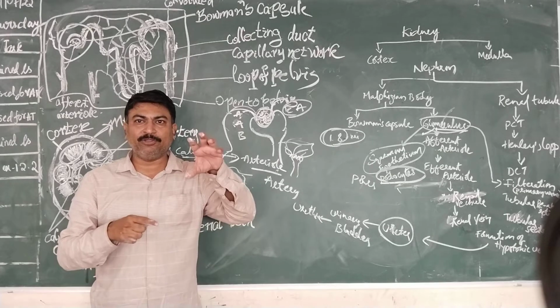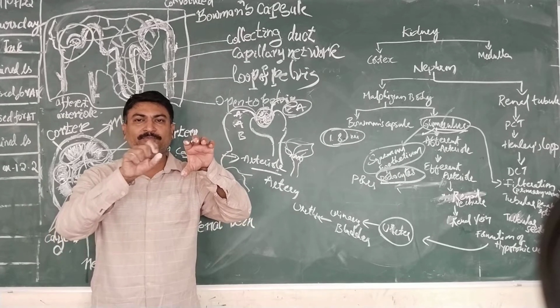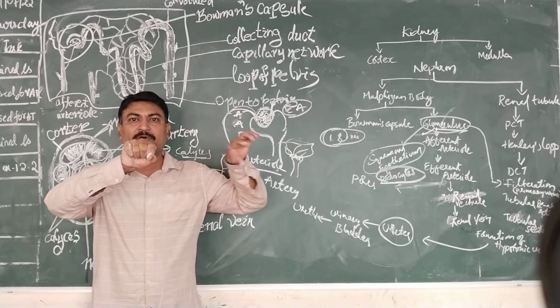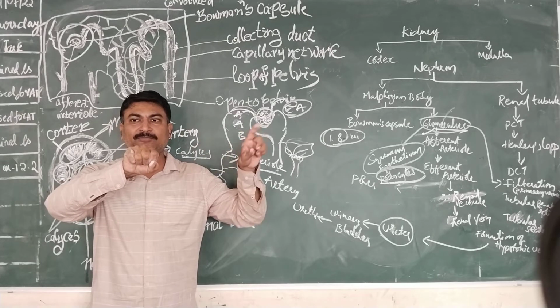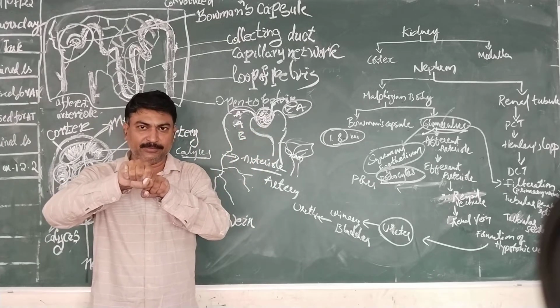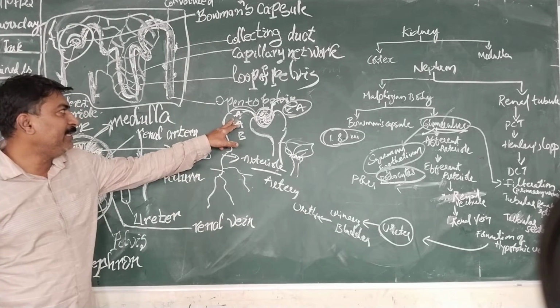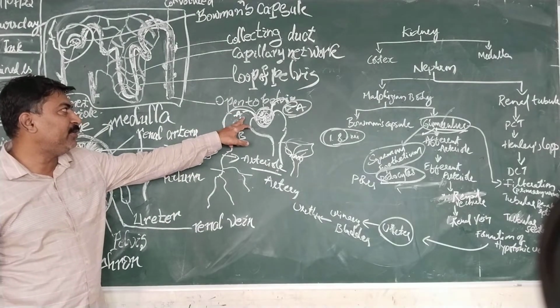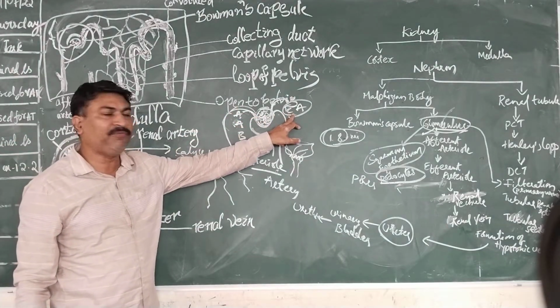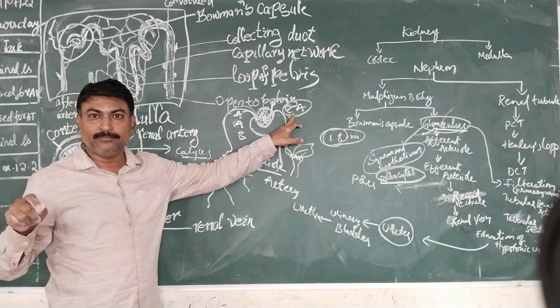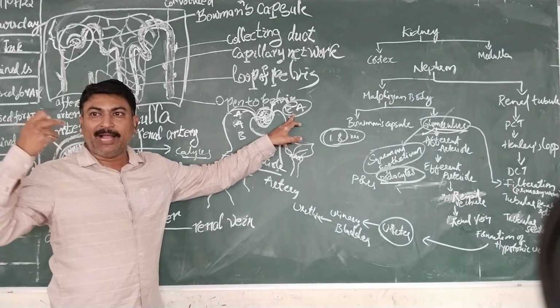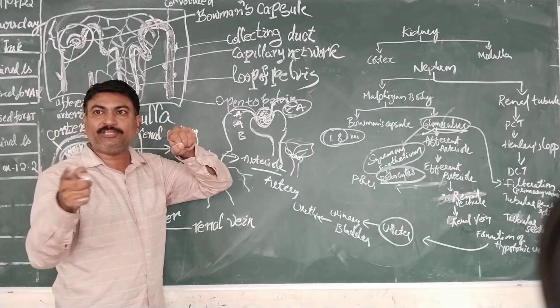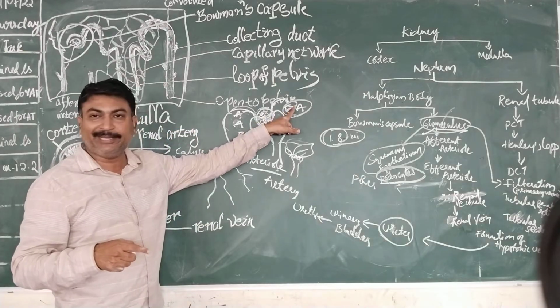Is it clear? When compared to the large pipe, if the water is entering into the small pipe, the pressure of the water in the small pipe increases. Similarly here, as the thickness of the afferent arteriole is larger and the thickness of the efferent arteriole is smaller, when we are pushing the water from the largest diameter pipe to the smallest diameter pipe, the pressure here increases.